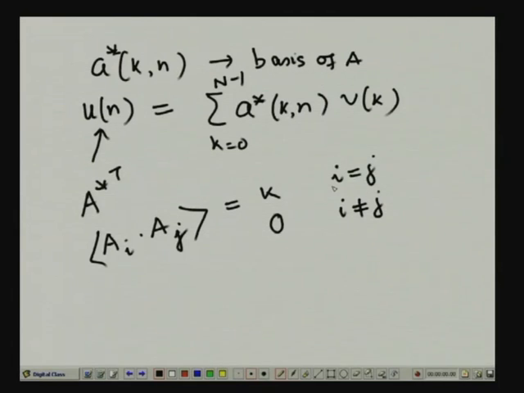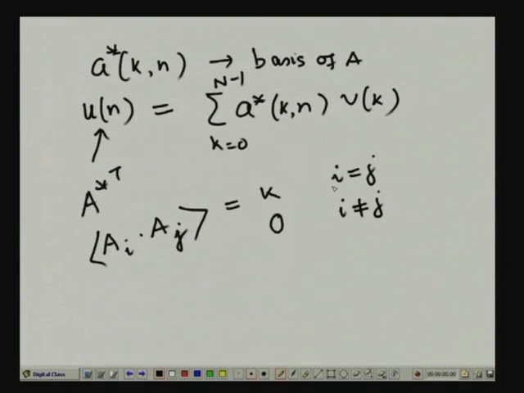So, in this case we have represented the vector u by a series summation of a set of basis vectors. This is what we have got in case of a one dimensional signal or a one dimensional vector u. Now, we are talking about image transformation.